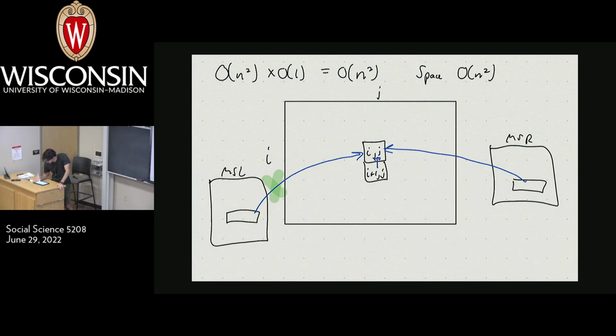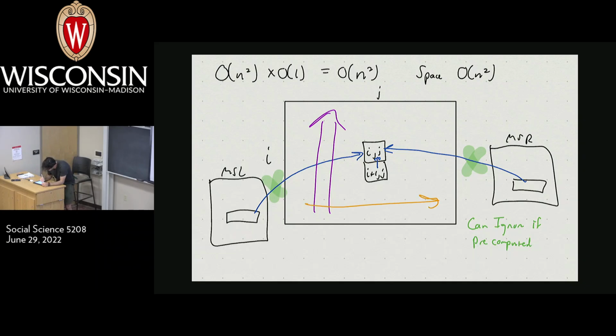These don't matter. So all we really need to do is have i go up in an outer for loop, and j can do whatever it wants. We don't care. j is just doing whatever.